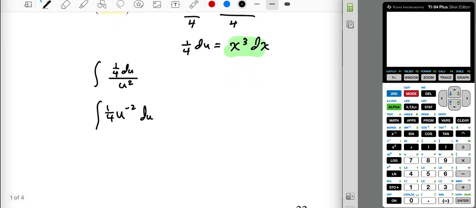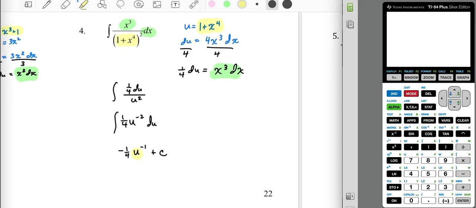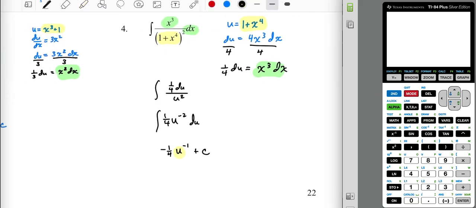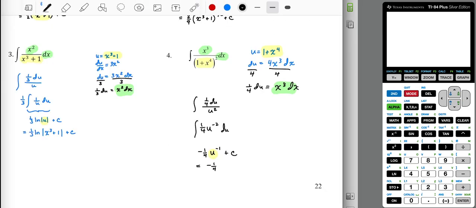So increase the exponent by 1, divide by the new exponent, and then do my substitution to bring the 1 plus x to the 4th right on back in. Replacing the u, and there it is.